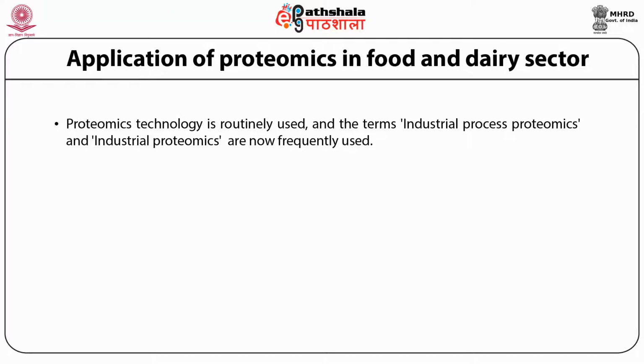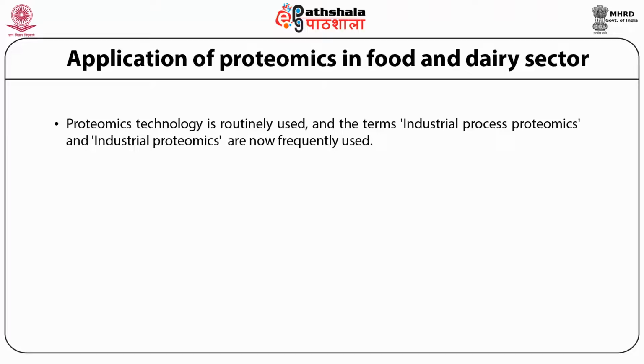Proteomics is the tool used to identify various types of proteins produced during the process. For example, certain proteins are produced during microbial growth or fermentation. Those proteins we can even quantify and identify by the use of proteomics techniques.